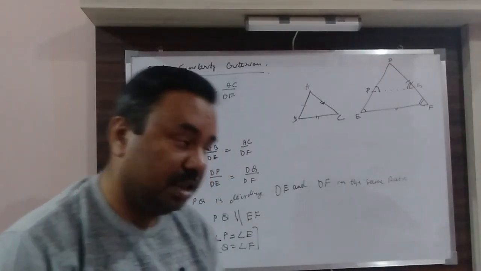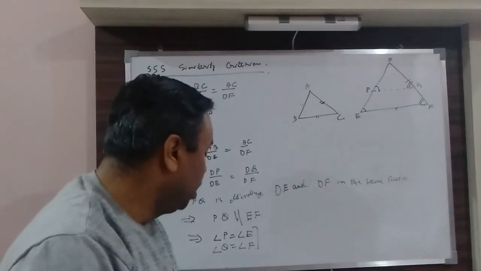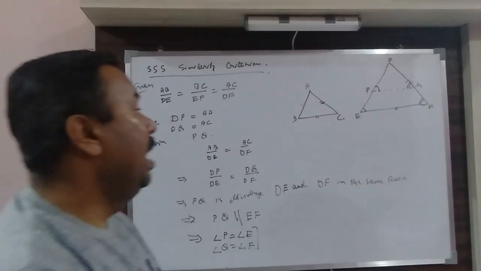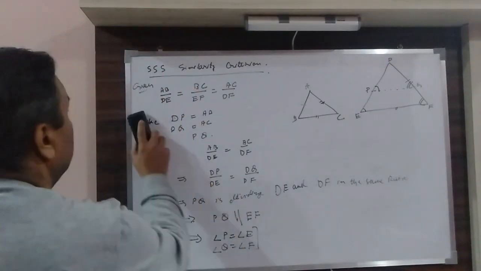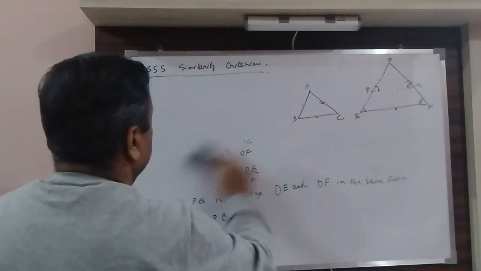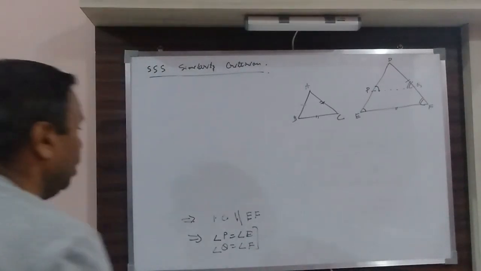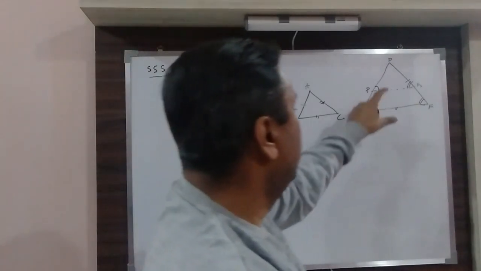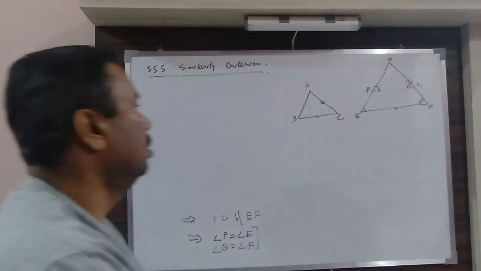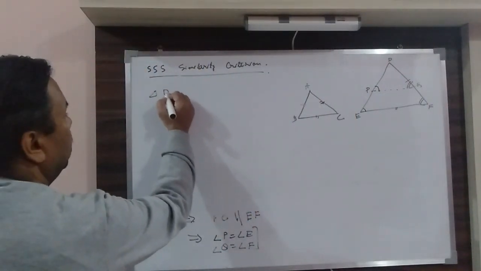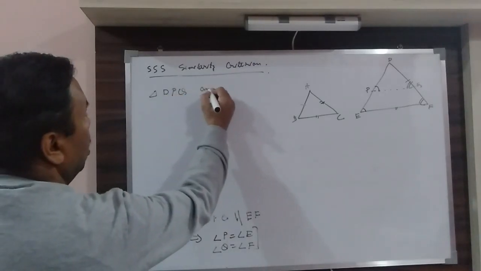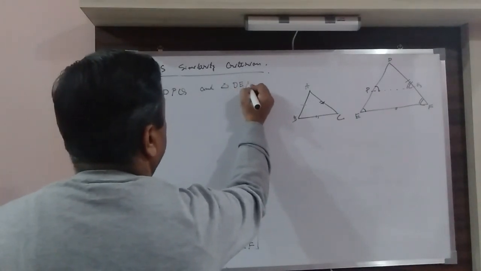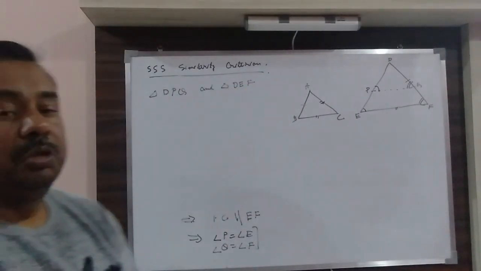I will be using this. Now, what I take is triangles ABC and DPQ. If you look at this, or you take triangle DPQ and triangle DEF, what do you see?